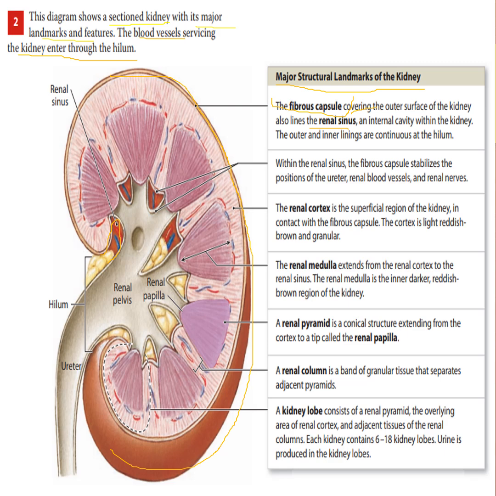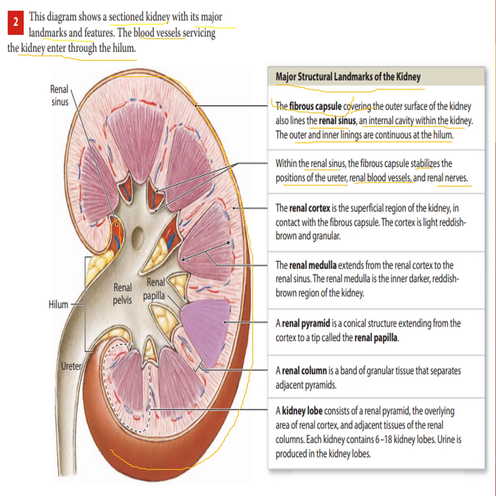The renal sinus is an internal cavity within the kidney. The outer and inner lining are continuous at the hilum. Within the renal sinus, the fibrous capsule stabilizes the position of the ureter, renal blood vessels, and the renal nerves.